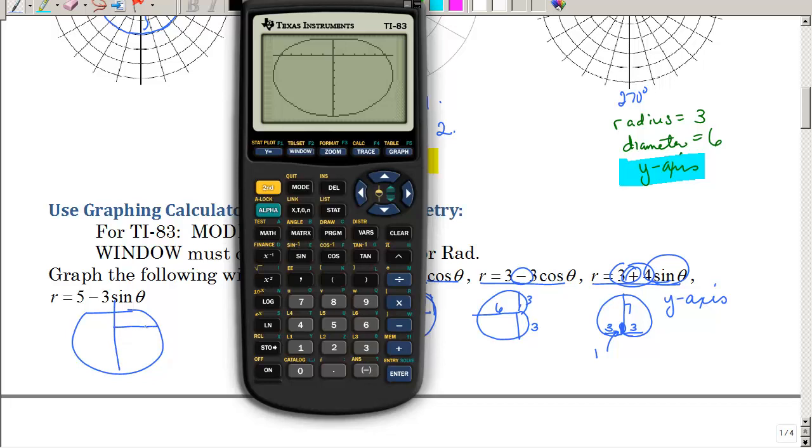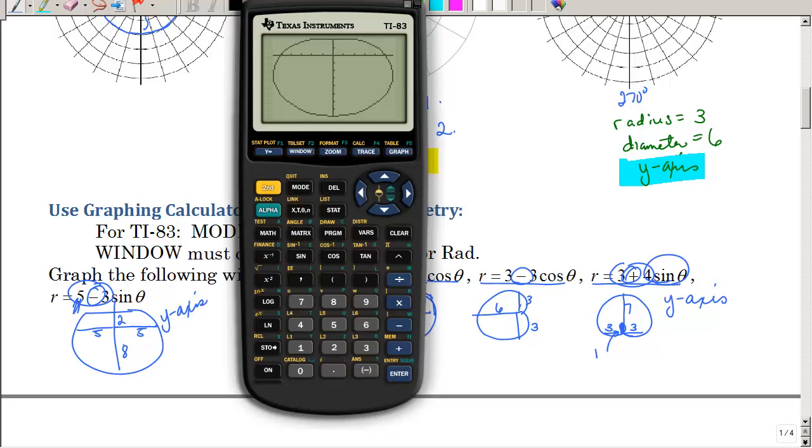So out here is 5, out here is 5, and if I count in the y direction, 2 up, 1, 2, 3, 4, 5, 6, 7, 8. So there's 8 down here, 2 here. 5 minus 3 is 2, 5 plus 3 is 8, and that leading number is 5. There's a minus, and most of it is on the lower y-axis, or the negative part. And it is symmetric with respect to the y-axis.